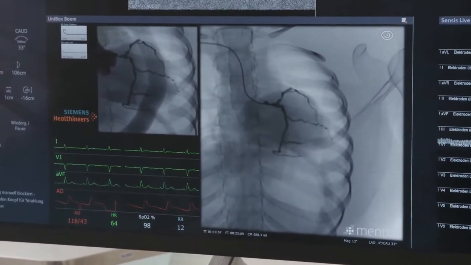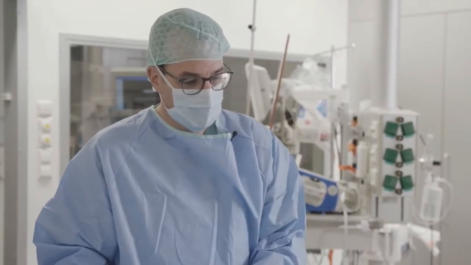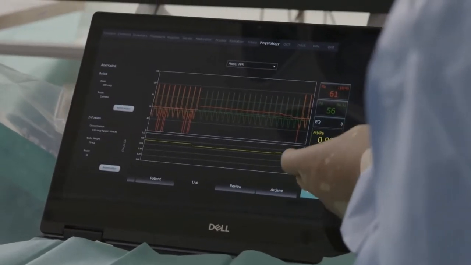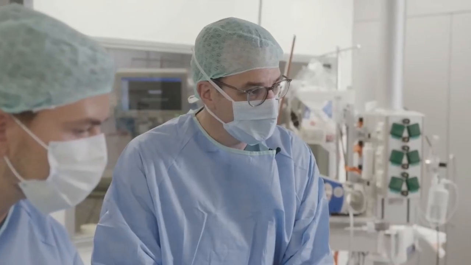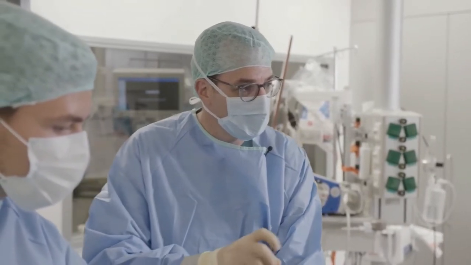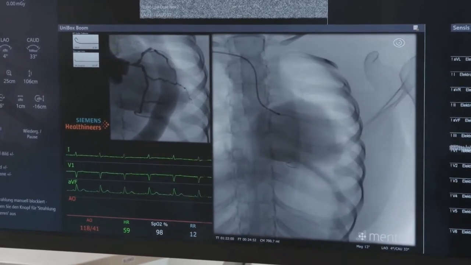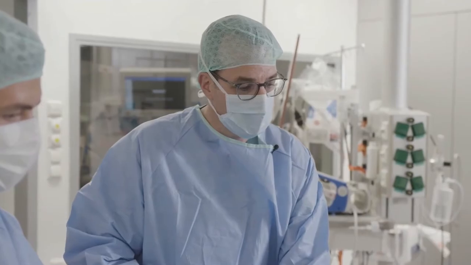Now we are in the distal part of the vessel, ready for functional assessment. So we start the recording of FFR. It's very important that we not engage our guiding catheter, because otherwise we may measure false values for FFR.